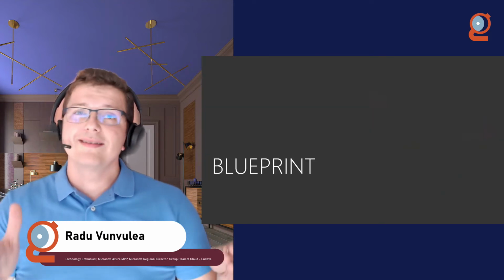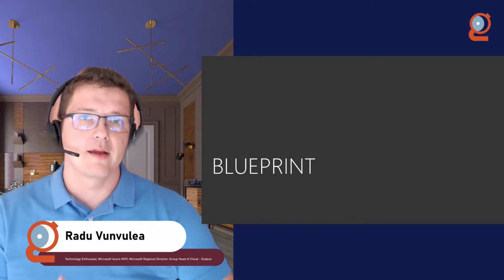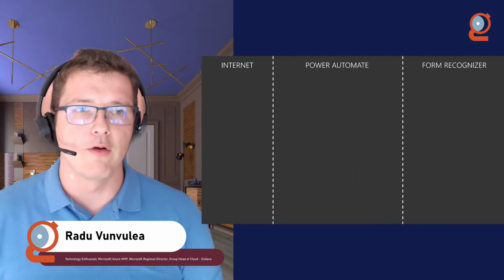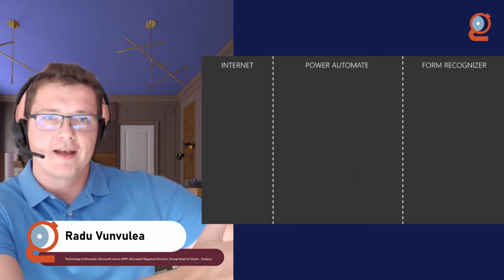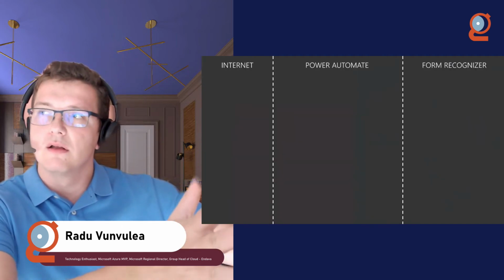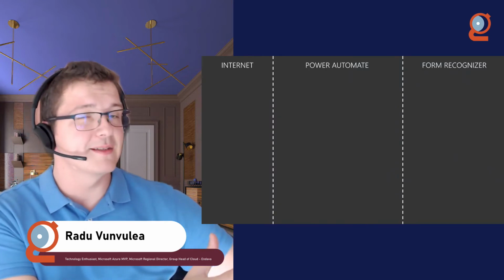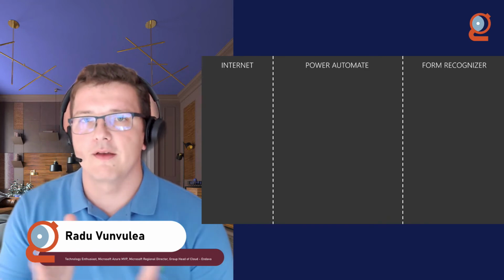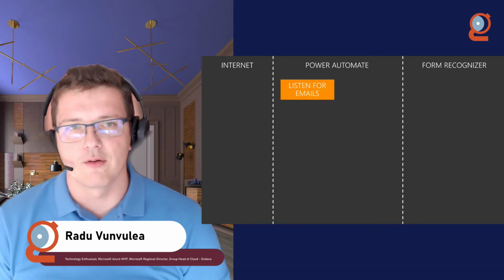Now, what is the blueprint of the system that we would like to build? After that, we'll take a look at the Form Recognizer part that is doing the labeling. On the left side, we have the big beauty and ugly at the same time, our internet. In the middle, we have Office 365, and on the right side, we have the Form Recognizer.